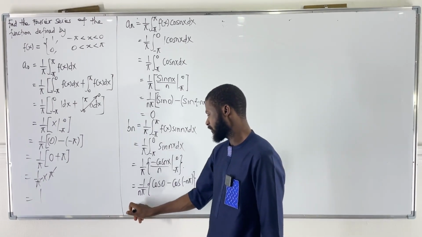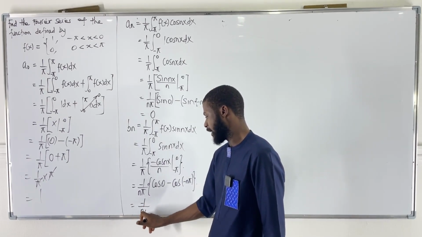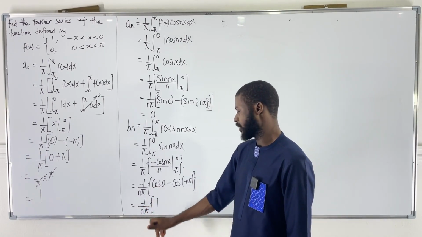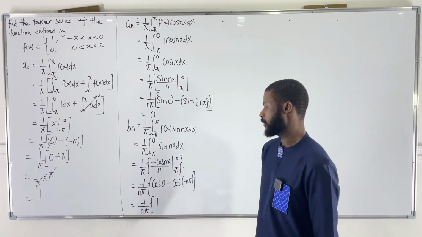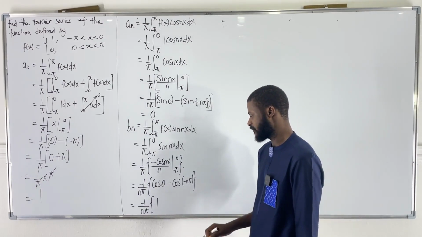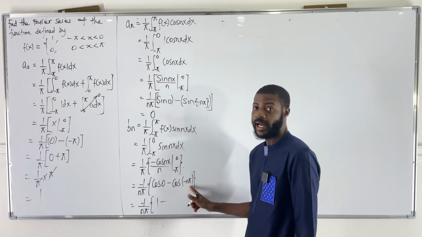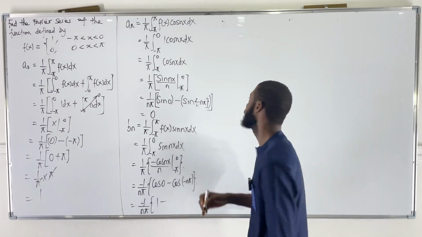Now, this will be minus 1 over n pi. And then, cosine of 0 is 1. It's a special value. And then this will be minus cos of minus n pi, which is the same as cos of n pi.